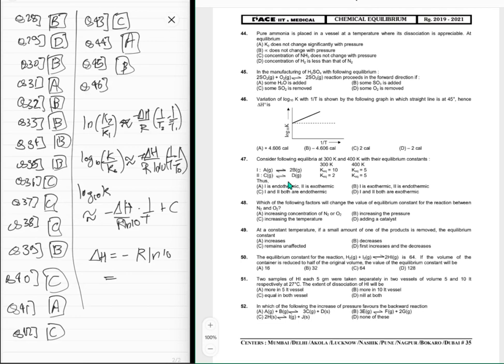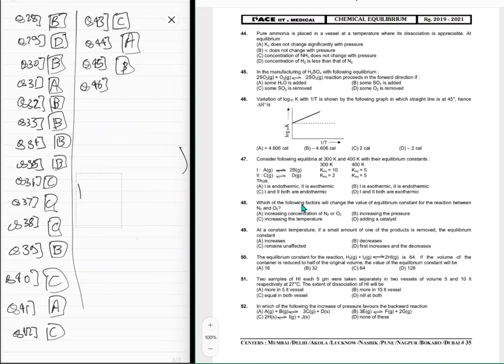It will be 2.303 times 2, because R is 2 calorie per mole Kelvin, which is 4.606. So A, oh wait, B, sorry, because it's supposed to be negative. So question number 46 is B.